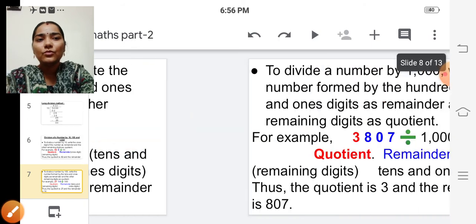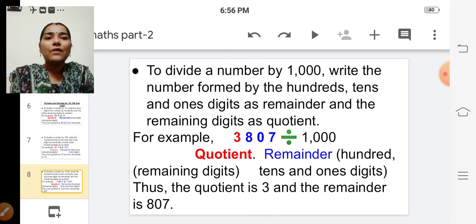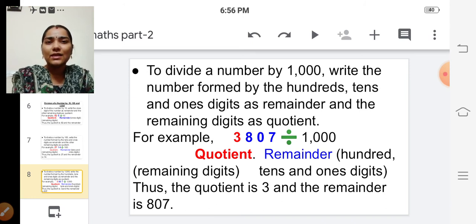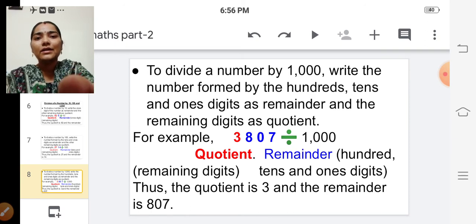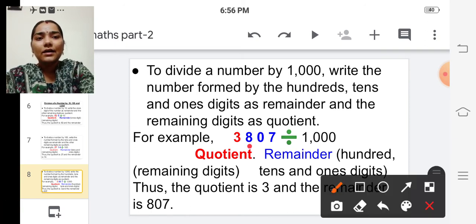So shall we move? Yes. To divide by 1000, write the number formed by the hundreds, tens and ones digits as the remainder and the remaining digits as the quotient. So it is very easy, isn't it? See the example: 3807 divided by 1000.